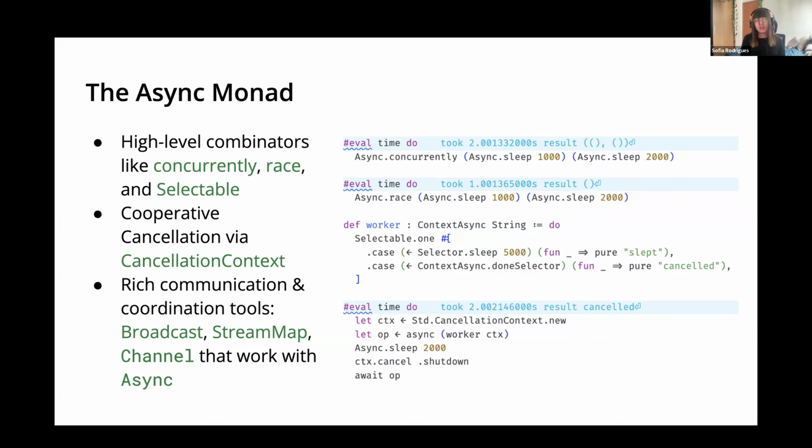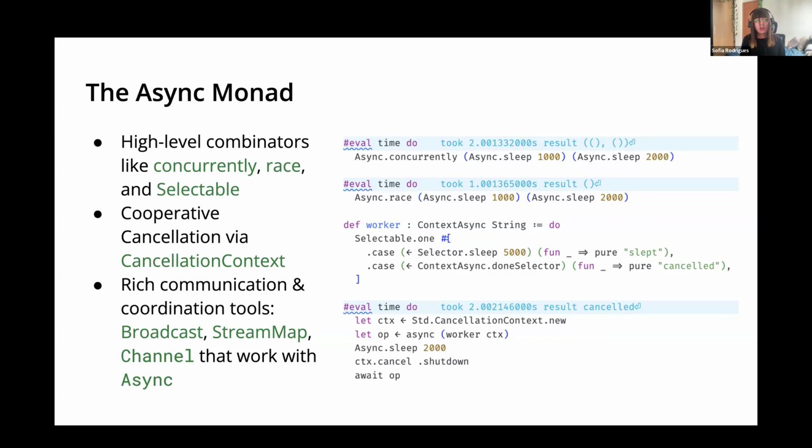So it's doing it concurrently, and the result is 2 units. In the second eval, we have the race that waits for the first one and discards the second one, but it does not cancel the operation.